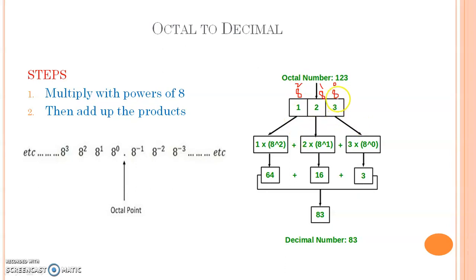So this is 3 into 8 raised to 0 plus 2 into 8 raised to 1 plus 1 into 8 raised to 2, which will give you 64, 16 and 3. Then you add up these products, which gives you 83. So 123 in octal is equal to 83 in decimal.